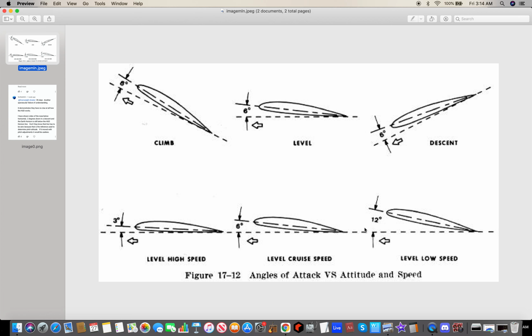So then we come to level low speed, right? This is when they want to fly in a straight line, but they want to fly slow. So you have it at +12 degrees, right? Because the slower you fly, the less lift you're generating, if you have the chord line at a normal degree above zero.